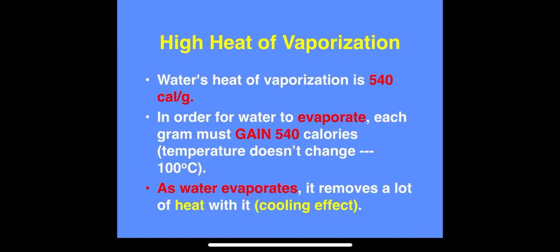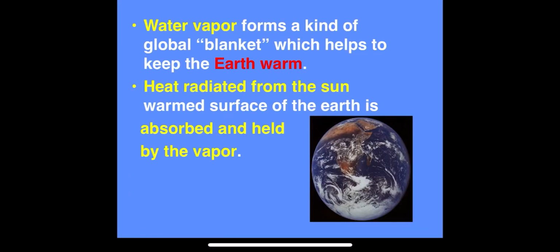In order for water to evaporate, each gram must gain 540 calories, while the temperature doesn't change from 100 degrees Celsius. This removal of heat has a cooling effect. Water vapor forms a kind of global blanket which helps keep the earth warm. The heat radiated from the sun and the warm surface of the earth is absorbed and held by the vapor.